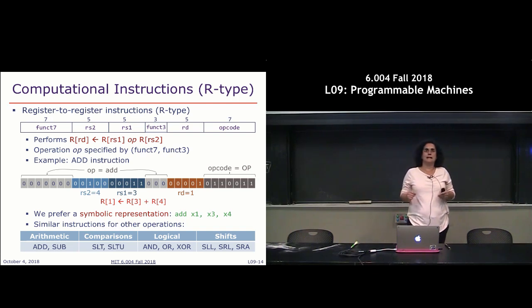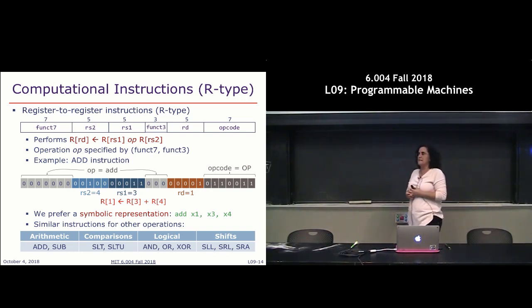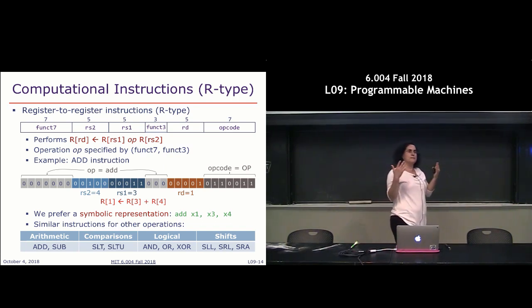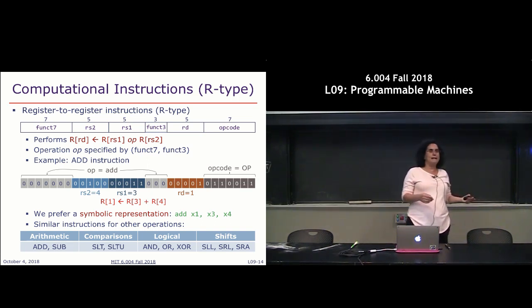The encoding there is going to say this is a register-to-register instruction. And then we're going to have an encoding of our source operand 1, source operand 2, and our destination operand. And then we have some additional bits, which are labeled here function 3 and function 7, just due to the number of bits in each of them. Those are going to be used to specify the precise operation that we want to actually perform. So is it an add, is it a subtract, and so on.